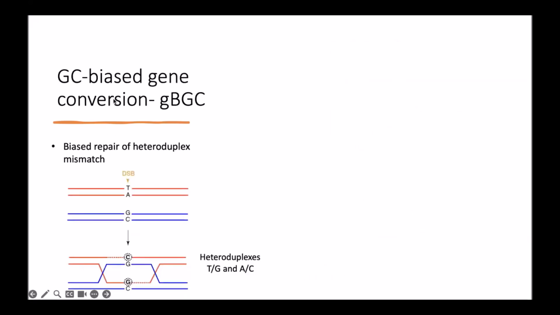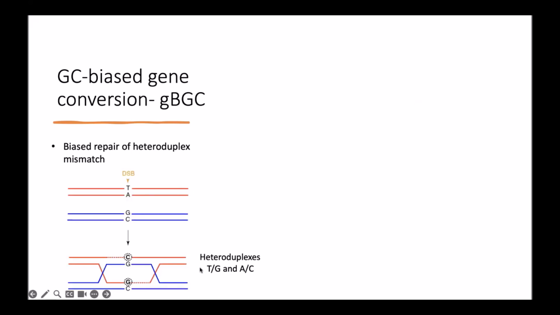Specifically, let's look at GC-biased gene conversion. Here, there is a polymorphism between our homologous chromosomes. After the repair of this double-strand break, the heteroduplexes will involve pairing between the T-G and the A-C.